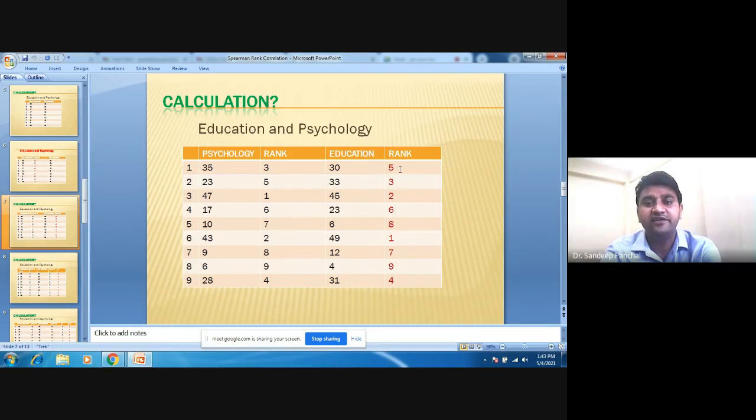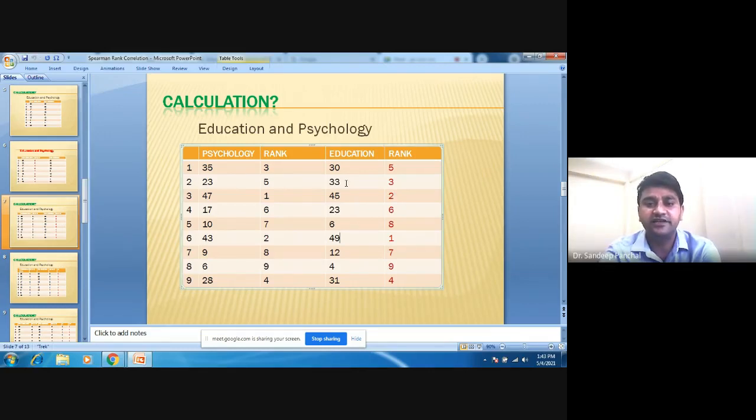The highest score in the education category is 49, so you provide rank 1. After 49, 45 is the second highest, so you assign rank 2.